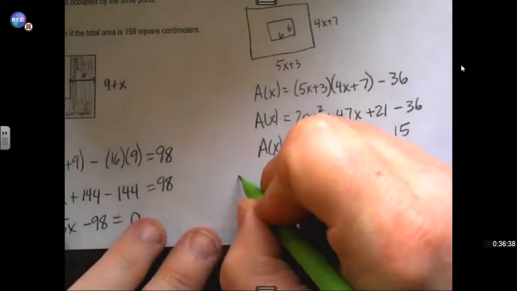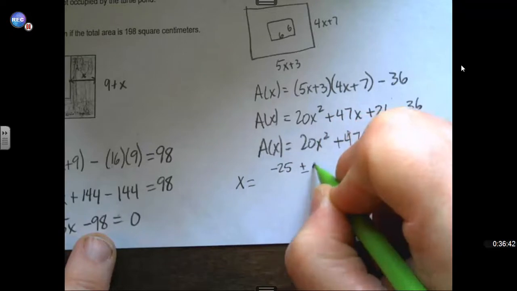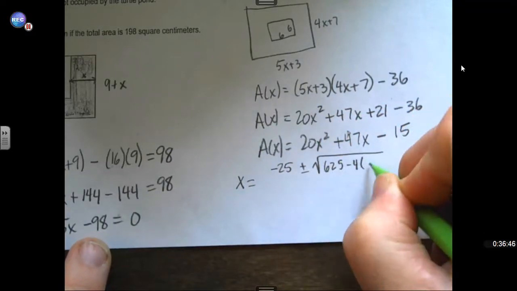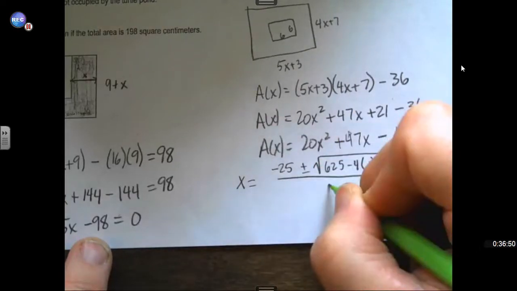So x equals the opposite of b, plus or minus the square root of b squared minus 4 times a times c, all over 2a.